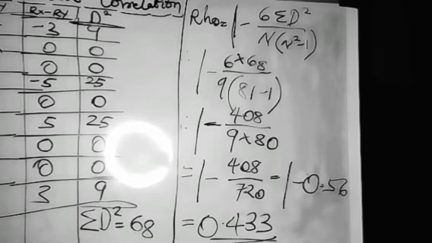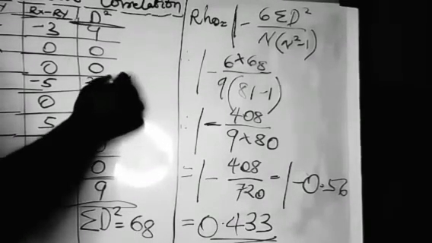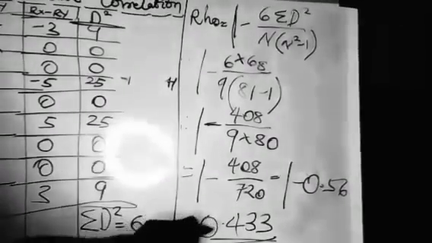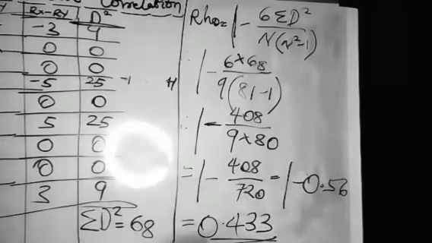So that simply means it ranges between -1 and +1. If you check this variable here, it is centered around 0, which simply means the interpretation is there is no relationship between the first test and the second test of 9 students in our department.